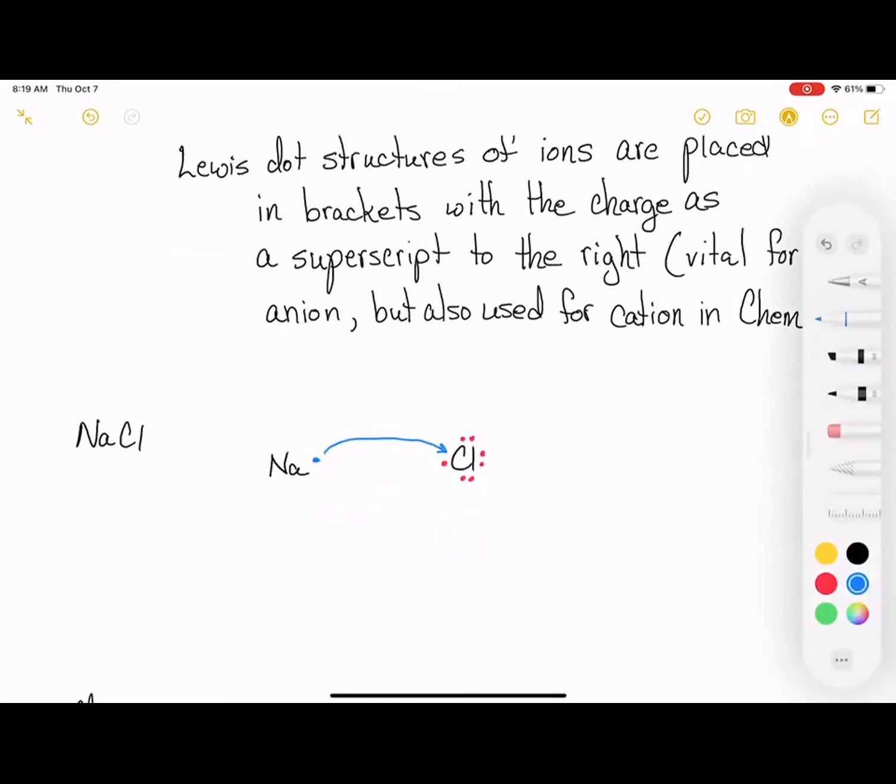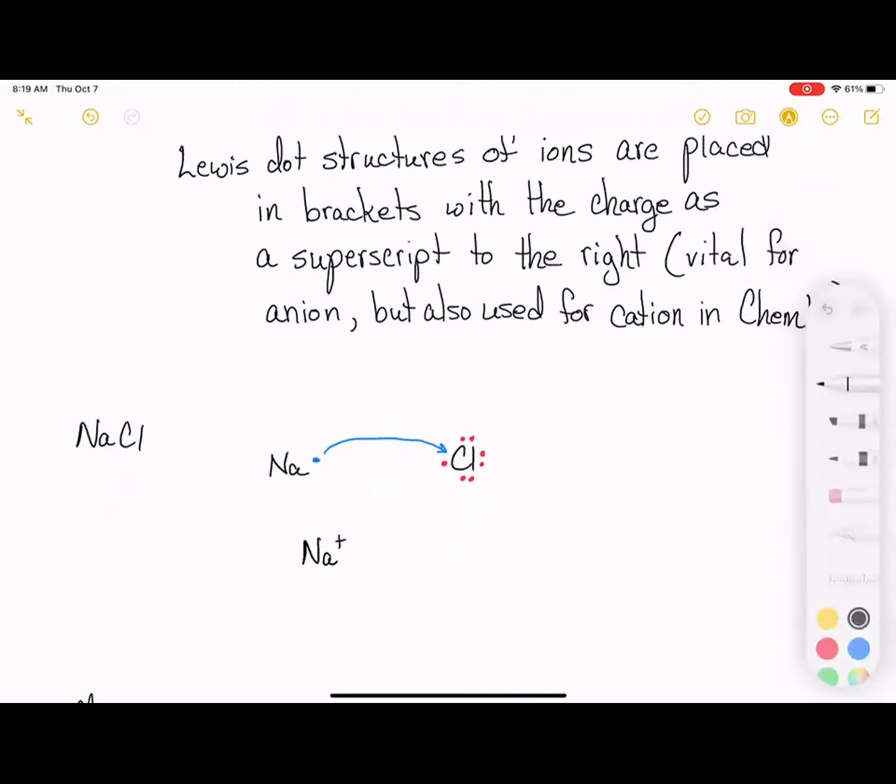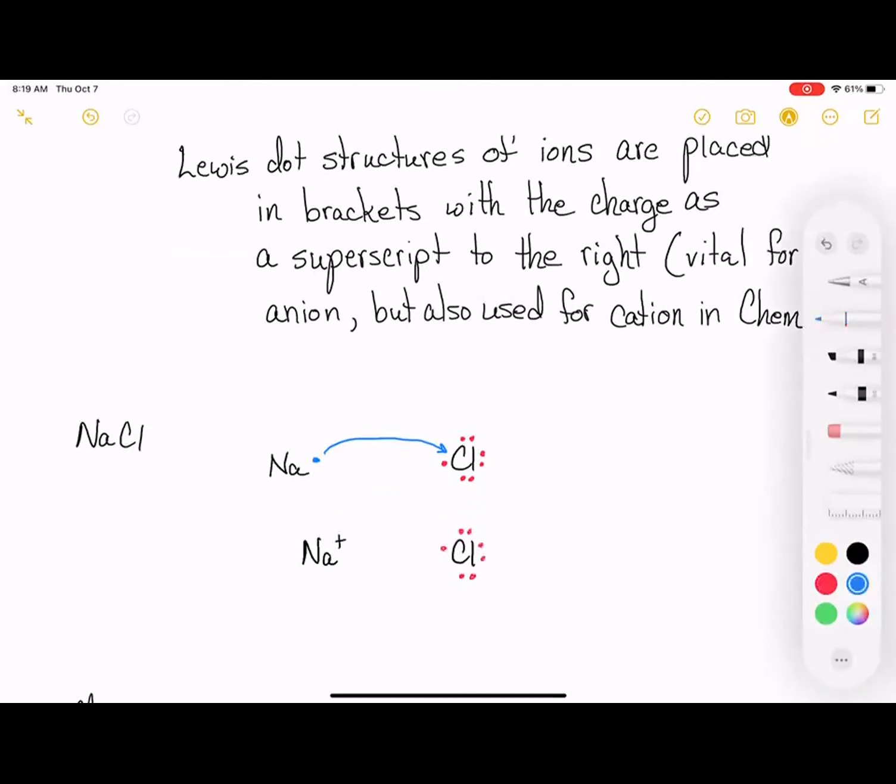When that occurs, you have sodium cation because you're down one electron, and you have chloride that now has an octet in its valence shell because that electron from sodium was transferred. So this would be our Cl minus.